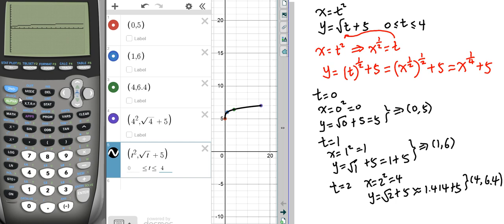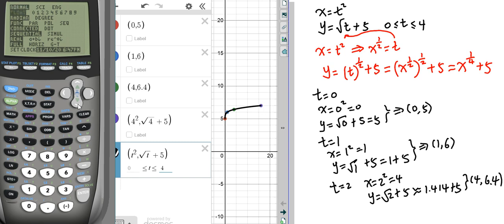The fourth option is to use the TI-84 directly. You click on mode, move the cursor to parametric, and then hit enter. You then have y equals. Click on that. Now it's different. For the first one you input t squared: second, squared.